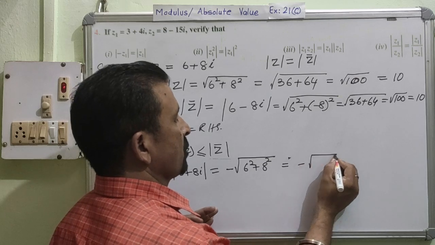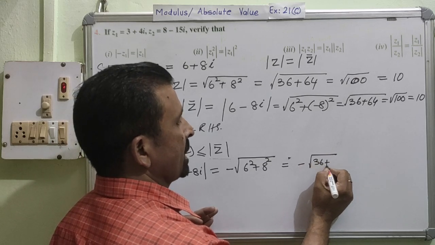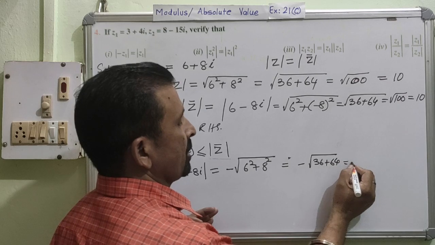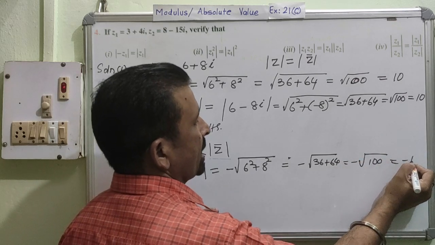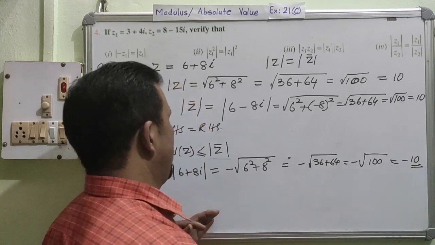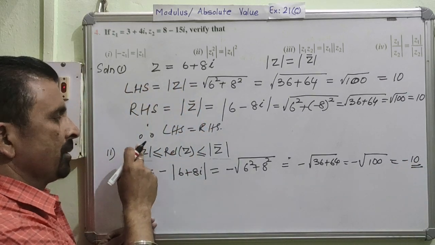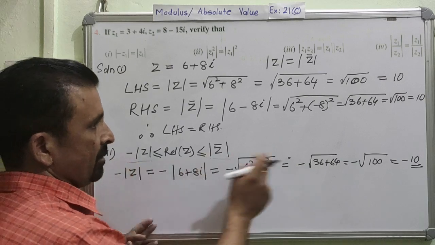This will become minus root over 36 plus 64, which is minus root over 100, which is minus 10. This is the value of our minus of modulus of z. We got the value this much.